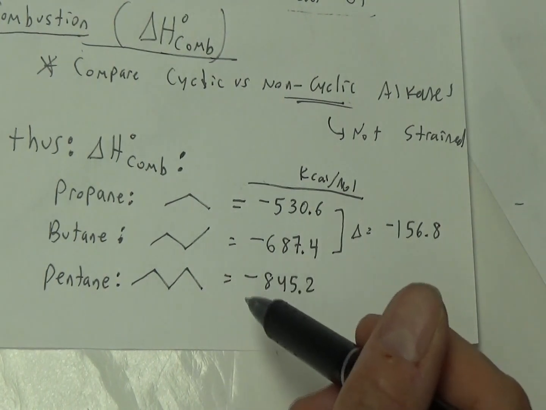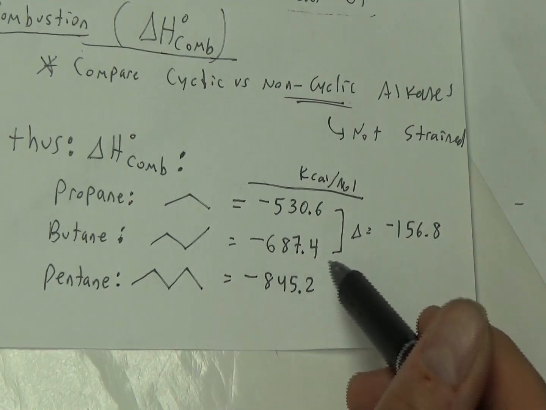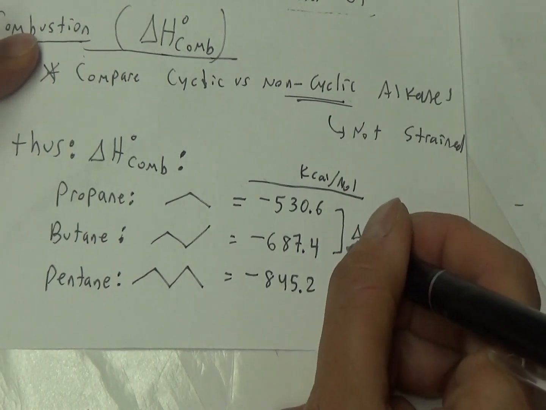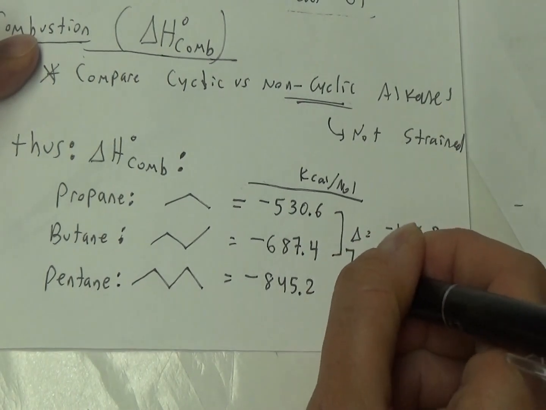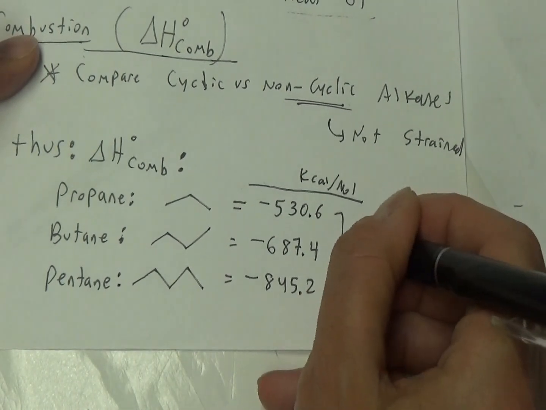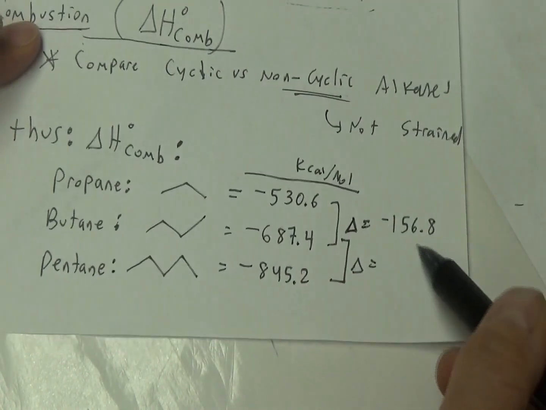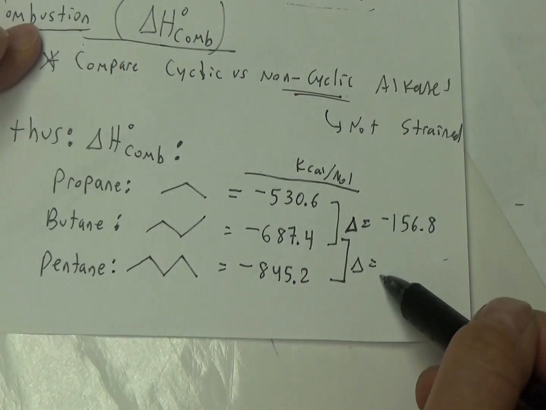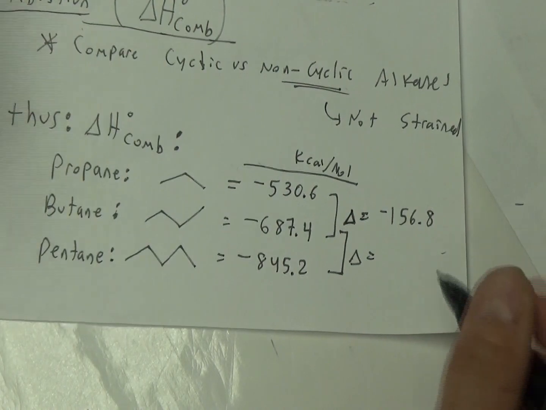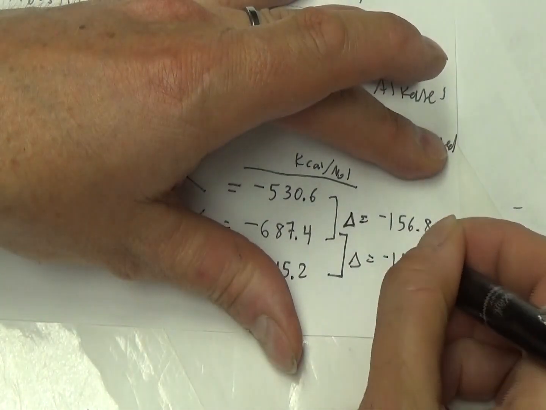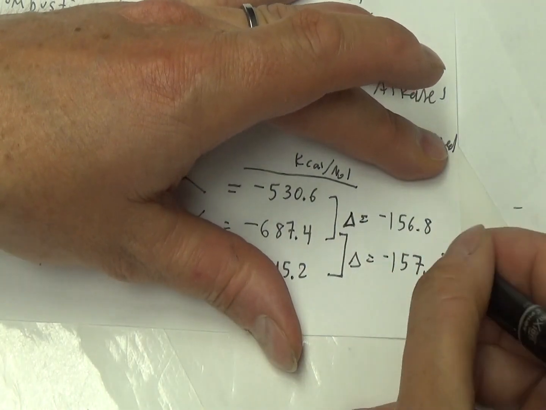You burn it, energy gets produced. And we do the difference between these two. Up here I'm showing the first two, here I'm showing the second two. It's about almost the same. It's negative 157.8.